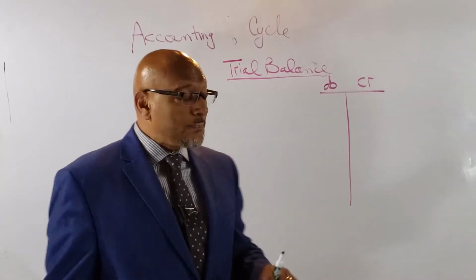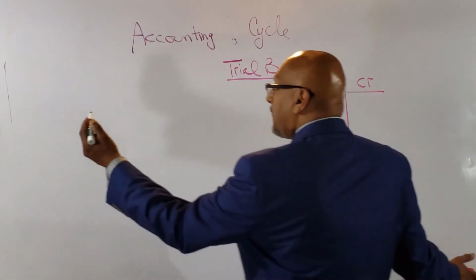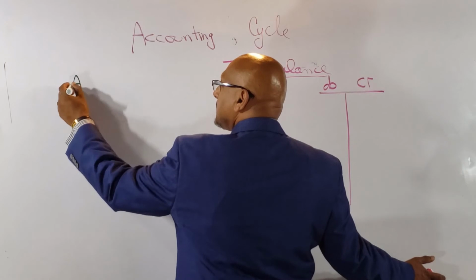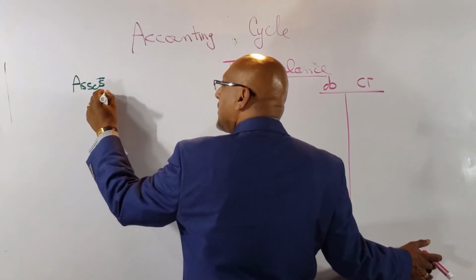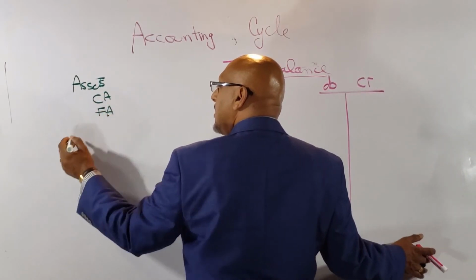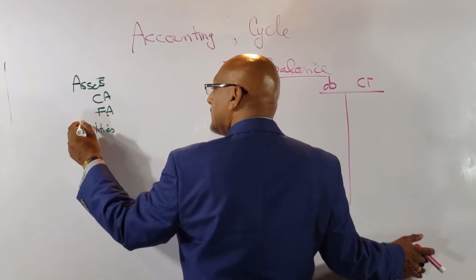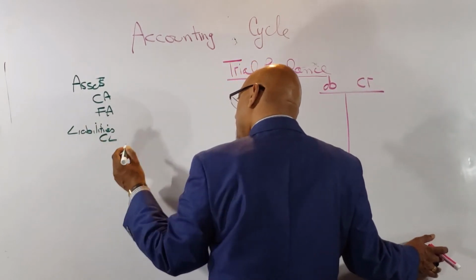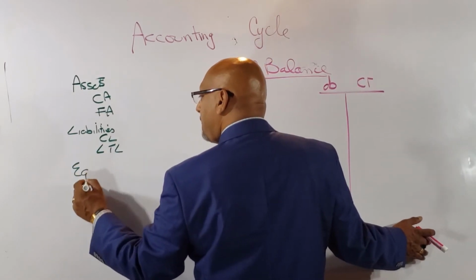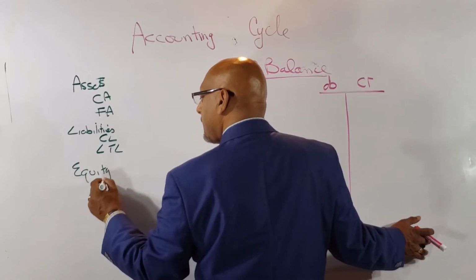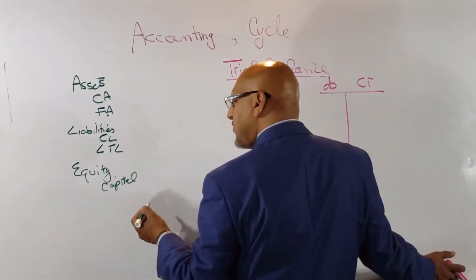So the order that you want to put your trial balance in is, in rough order, you start off with your assets, and most particularly you start off with all the current assets, then your fixed assets, then you go to your liabilities, and specifically we start off with our current liabilities, then our long-term liabilities, then goes to equity, and that would be your capital, any changes in your capital.